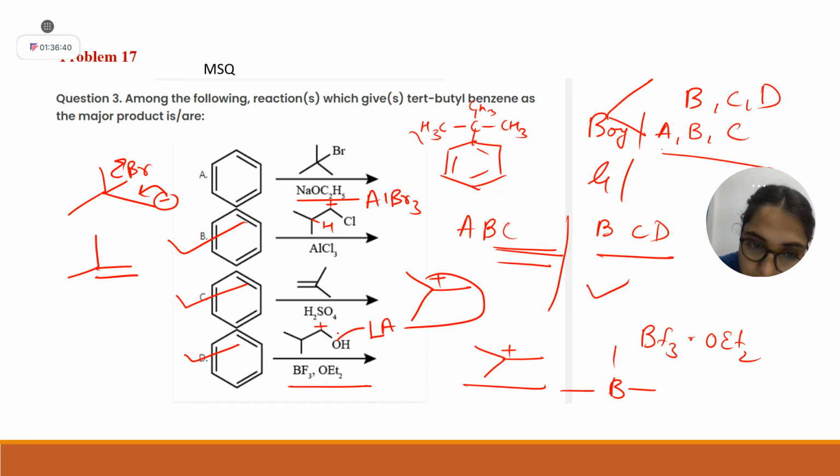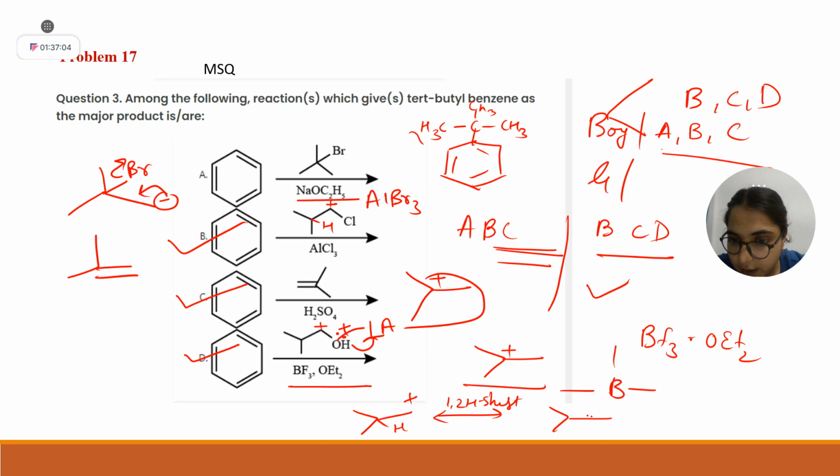Obviously it will coordinate with the oxygen lone pair. After coordinating, oxygen will have a positive charge. This OH-Lewis acid complex will leave and leave a positive charge here. Understood? Now a 1,2 hydride shift. 1,2 hydride shift. And it will leave a positive charge here. Understood?